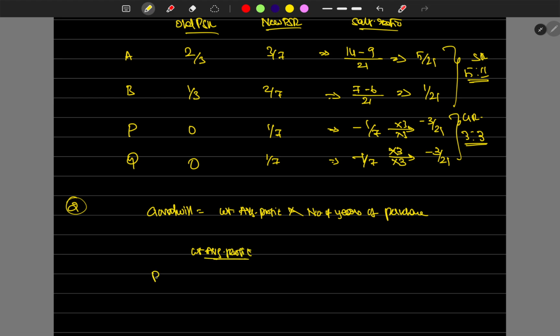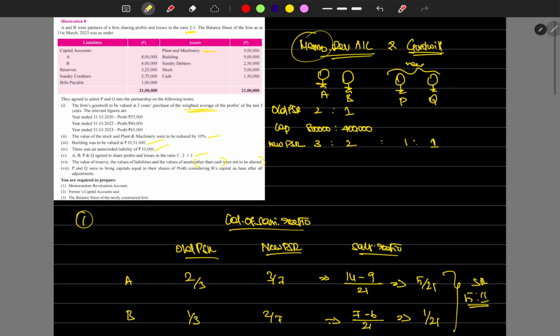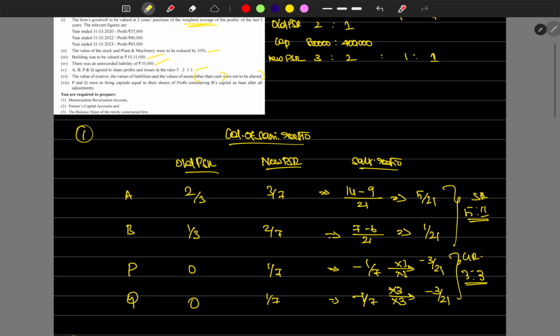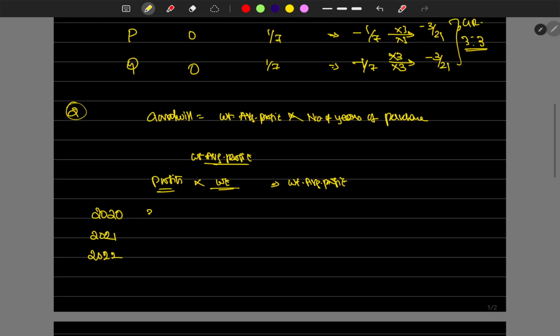First, what are all the profits we have, and then what are their weights? Multiply this, we'll get the weighted average profit. Okay, how many years have been given? 2020, 2021, 2022. What are the profits? 37, 40, 45.